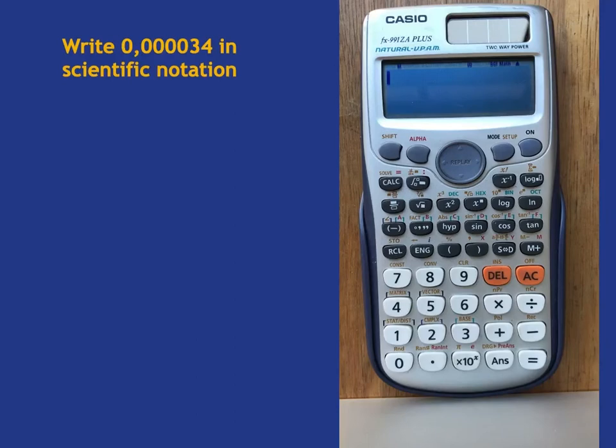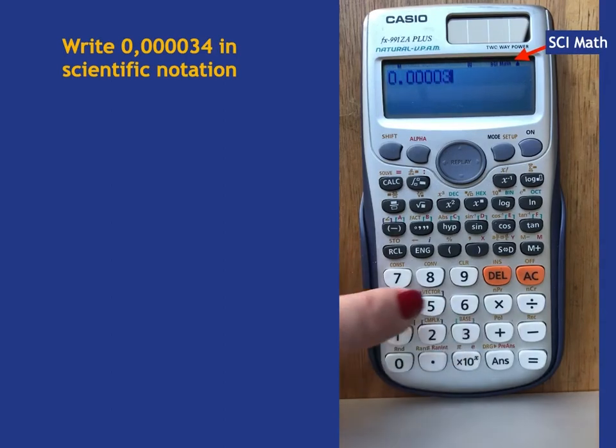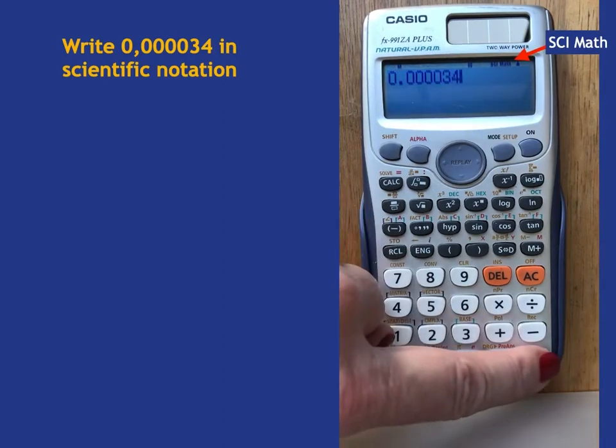Another example, if I wanted to write 0,000034 in scientific notation, I can do this on my calculator. First step is always just to make sure I'm in that scientific notation mode, otherwise it's not going to work. And then I go ahead and type it in, and I press equals.